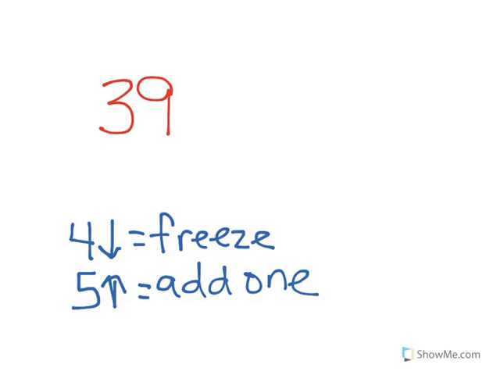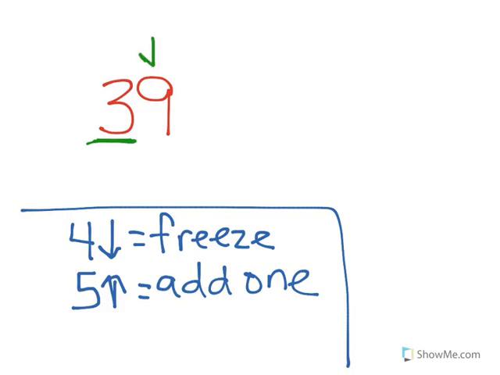Okay? So, of course, when we're doing numbers, let's just say we want to round this 39 to the tens place. Well, I like to think of it as we're going to go next door. This is what I call the nosy neighbor. The nosy neighbor thinks that he can tell everybody and everything what to do and when to do it, even though it's none of his business.